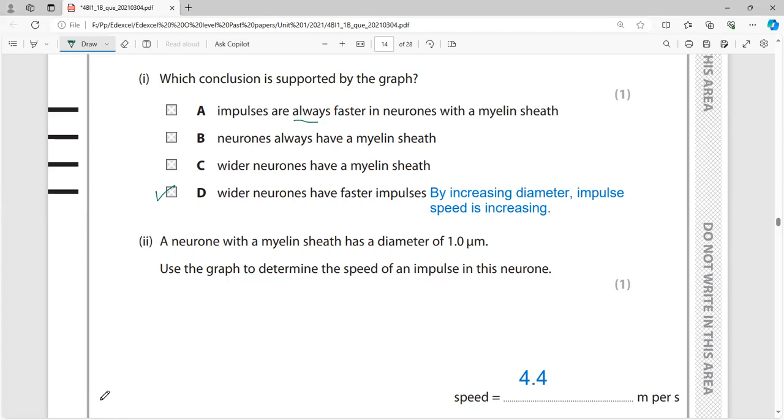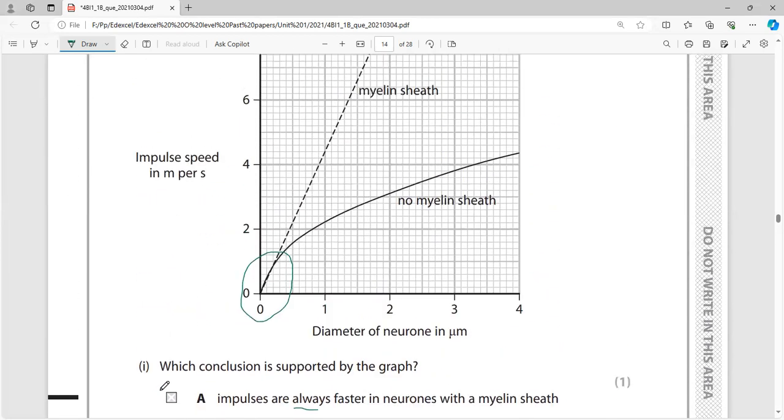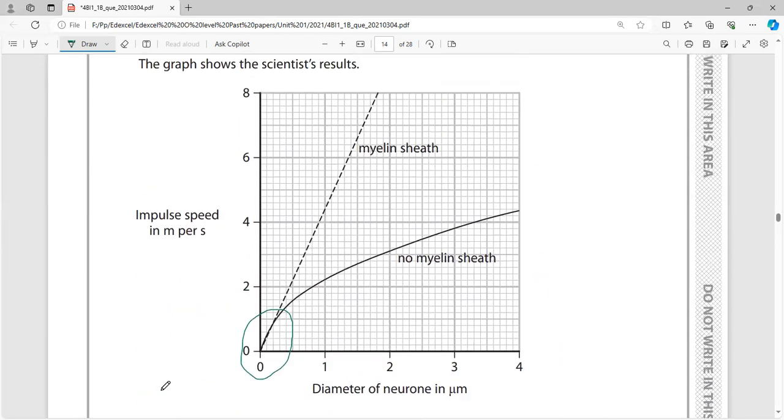The next question: the neuron with the myelin sheath has a diameter of 1 micrometer. Use the graph to determine the speed of the nerve impulses in this neuron. For this graph, you need to take your pencil and draw a line at 1 micrometer.